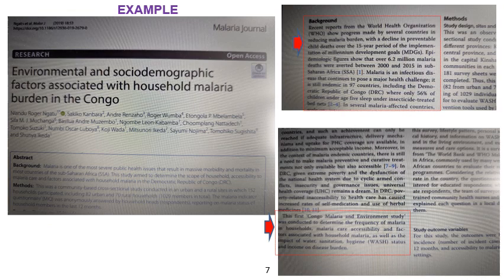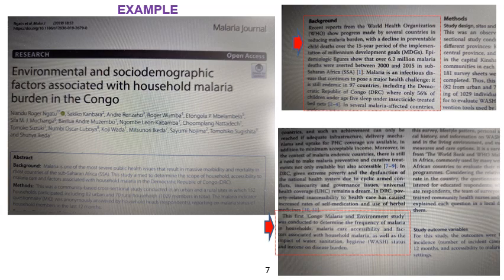This is the last slide, just an example of a paper that we published a few years ago, where you have the title of the paper published by Malaria Journal, and you have the list of authors, the abstract, and then you have the introduction section. For this journal, background is used instead of introduction.